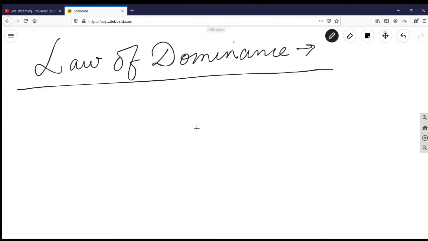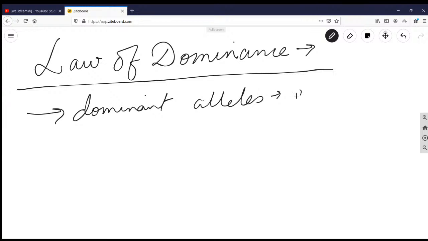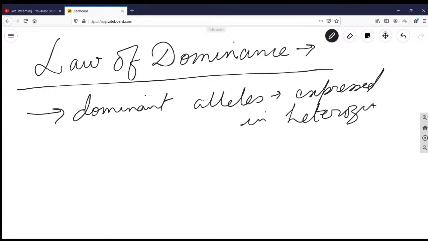We know that. So dominant alleles are expressed specifically in the heterozygote, because in the homozygote there is no way that only the dominant will express, since both are dominant.